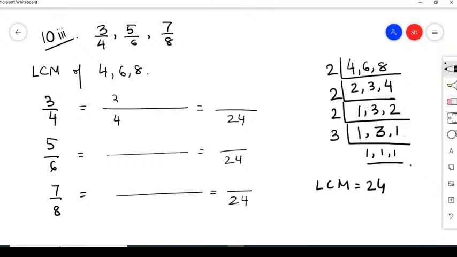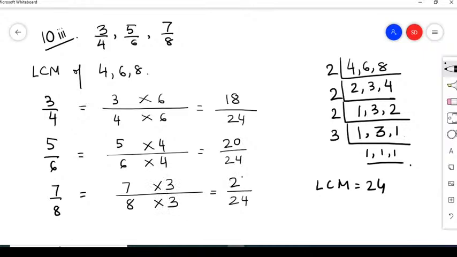So 3 by 4, 5 by 6, 7 by 8. 4 has to be converted to 24, so multiplied by 6. So in the numerator also multiplied by 6, so that becomes 18. Number 6 into 4, so this should also be into 4, so that becomes 20. And this is into 3, so this should also be into 3, so this becomes 21. So these are your answers.